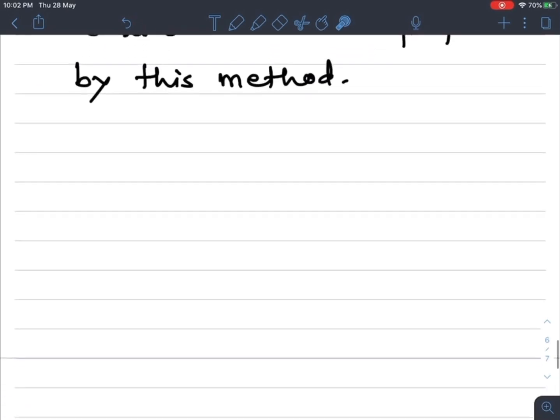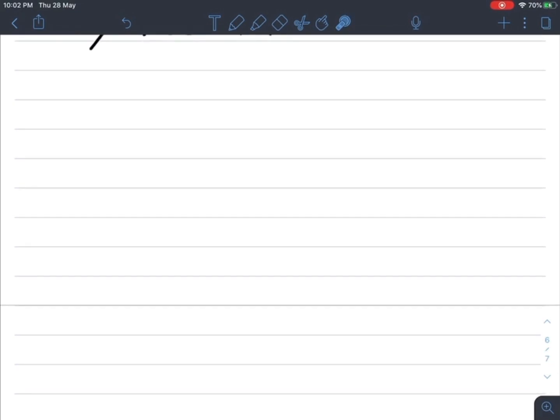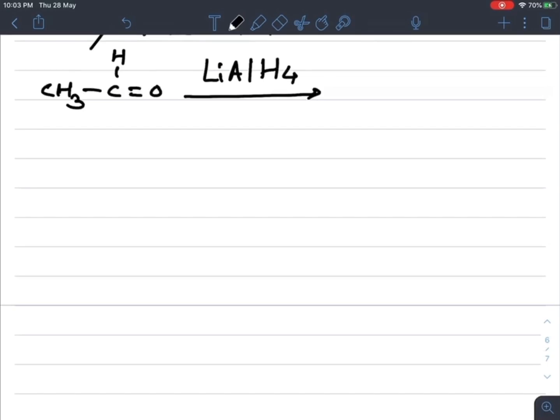So now you solve these examples. First example, acetaldehyde, CH3CHO, undergoes reduction by using LiAlH4 and H3O plus, that is H2O with H, that is H3O plus.